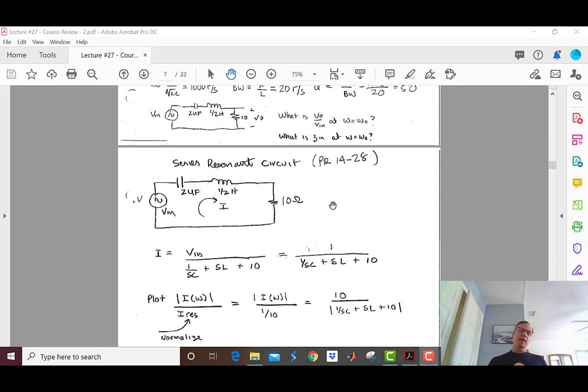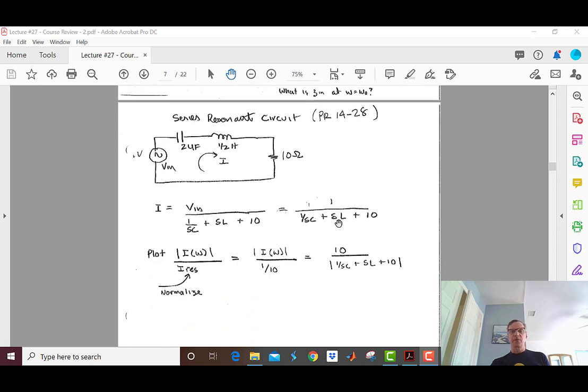So now let's beat this thing up a little further, because what I want to do is see what happens when we move away from the resonant frequency. So let's get the current. Current is going to be V in divided by the capacitive impedance plus the inductive impedance plus the resistance. And we're going to reduce that a little bit, or rearrange it a little bit.